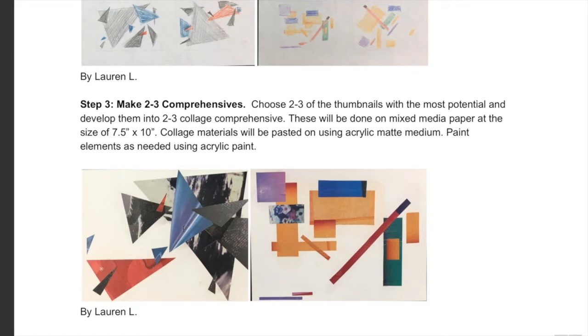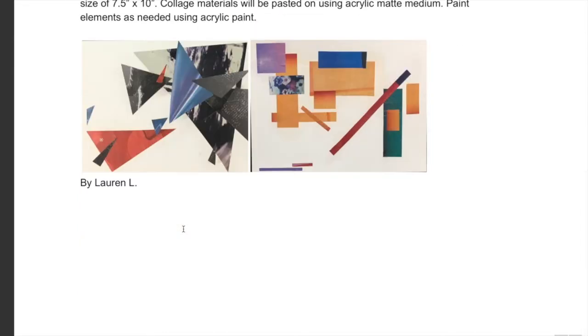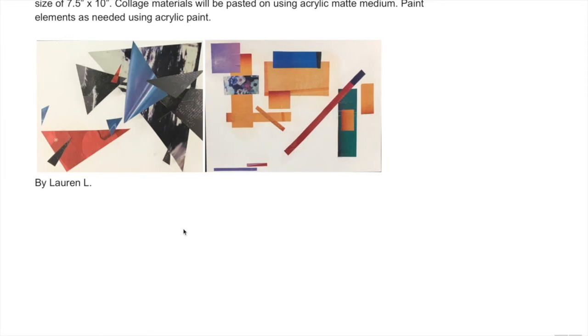We're not going to be doing a rough sketch in this project. It'll go to thumbnails and then right to comprehensives. Once you have 2 comprehensives, you're going to choose the one that you think is most successful, and mount that to your presentation board, and that will become your final.